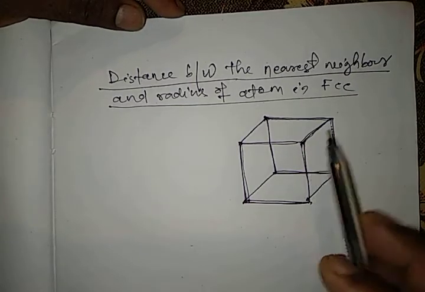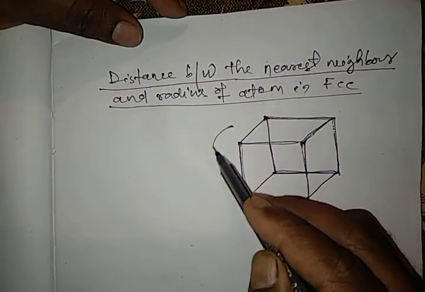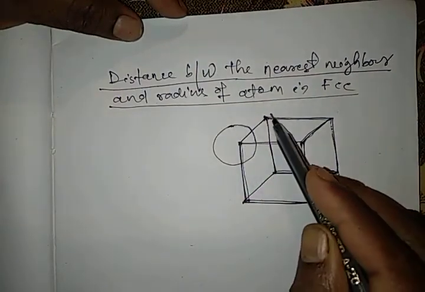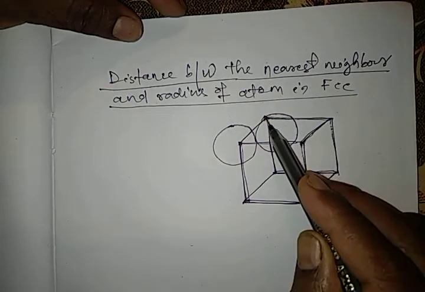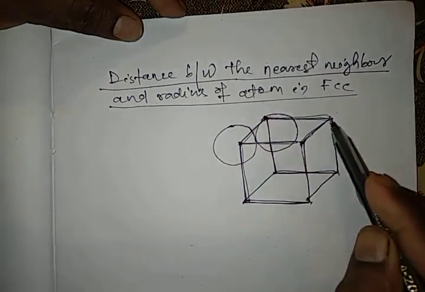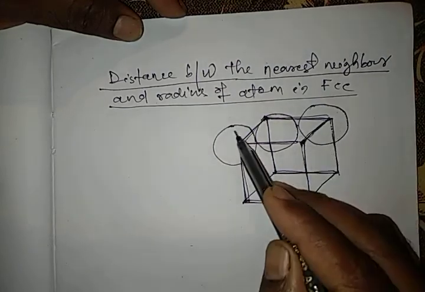So here we are only taking 3 spheres like this. One corner atom, one at the center of this face, and another one at this corner.